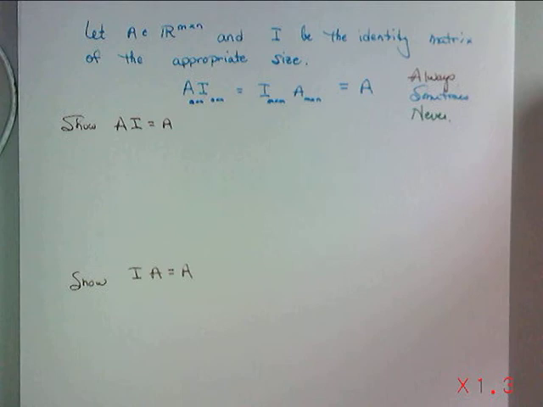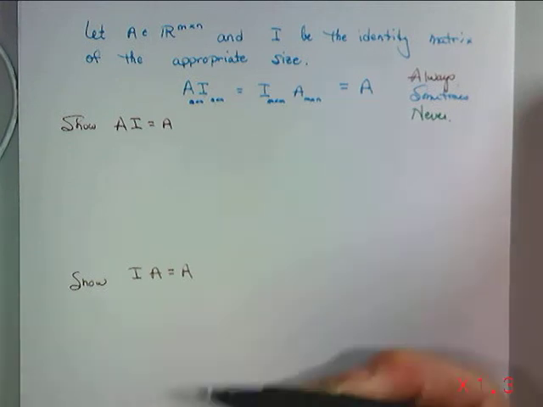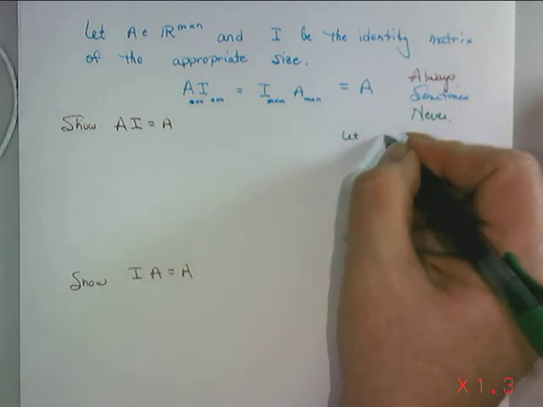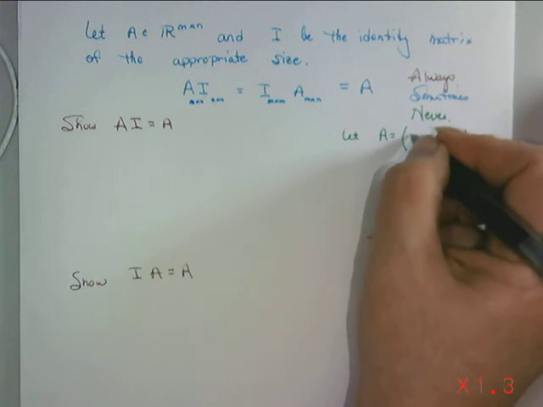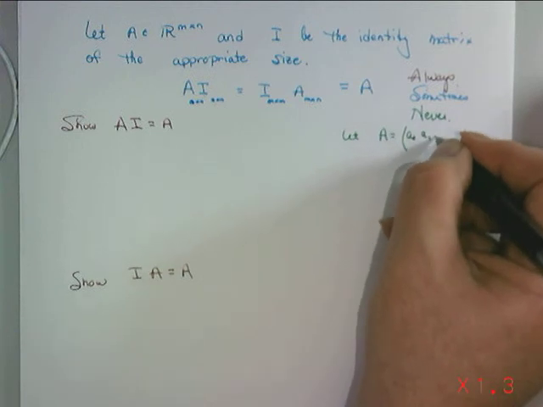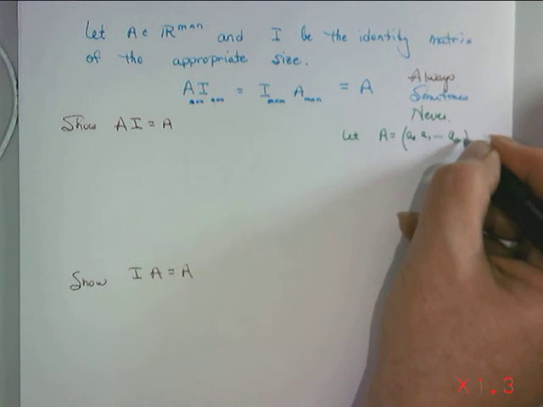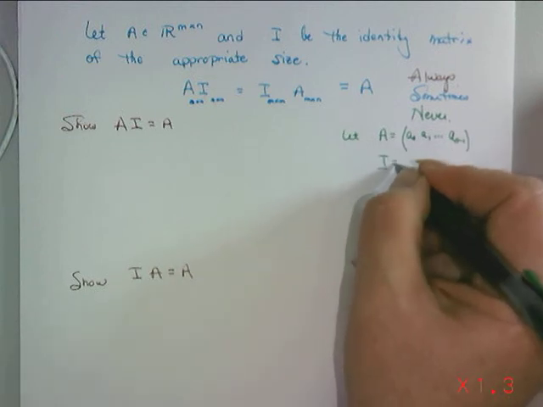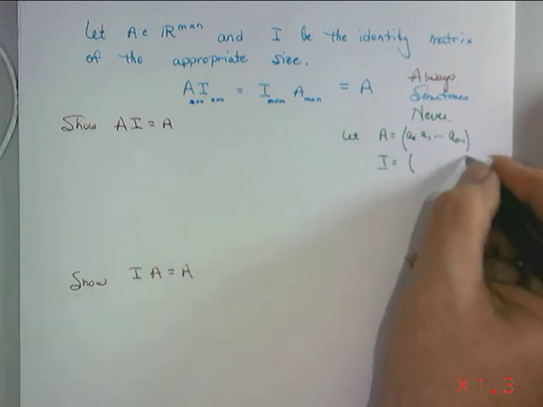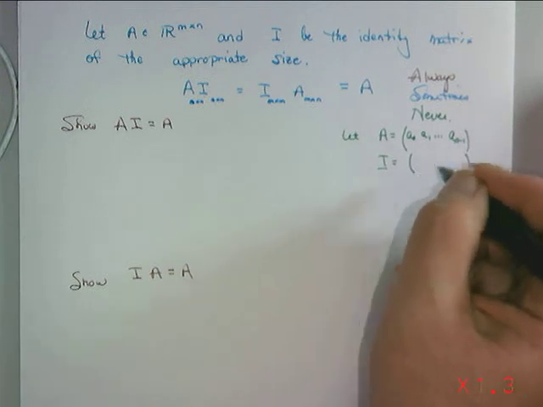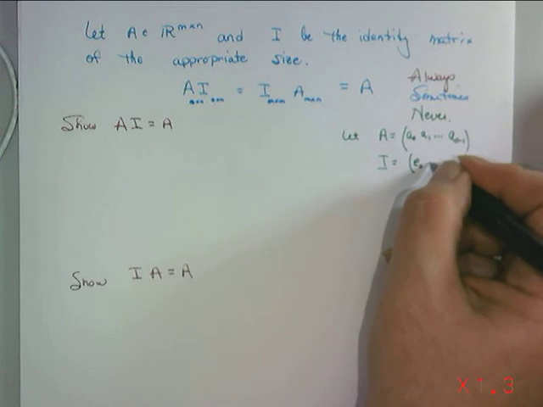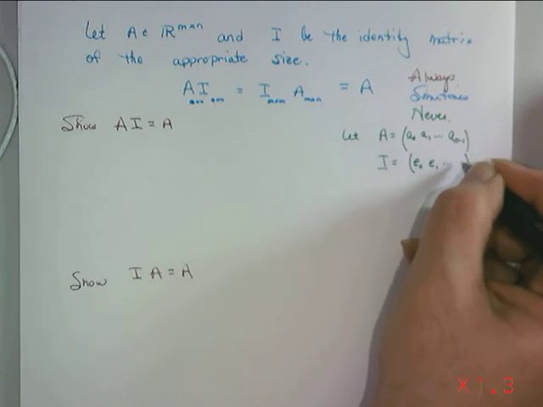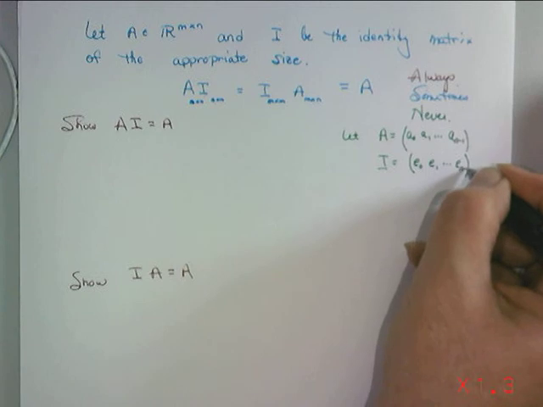And the way I'm going to do this is by slicing and dicing. So I'm going to let A be the matrix with columns A sub 0, A sub 1, and so forth, out to A sub n minus 1. And for the first part, I'm going to let the identity matrix be the matrix with columns E sub 0, E sub 1, and so forth, out to E sub n minus 1.